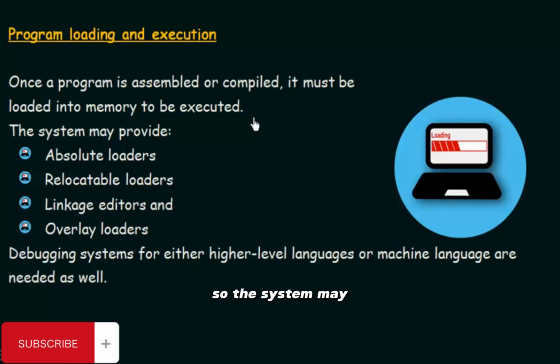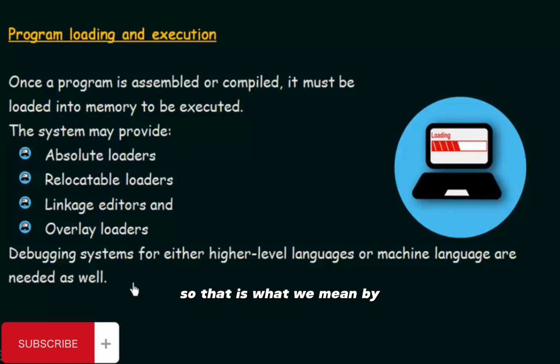be executed. So the system may provide you different kinds of loaders in order to accomplish this task, like absolute loaders, relocatable loaders, linkage editors, and overlay loaders, and also sometimes debugging systems for higher level languages or machine languages are needed as well. Debugging means whenever there is a problem in your code, you need to find out what the problem is and solve it.